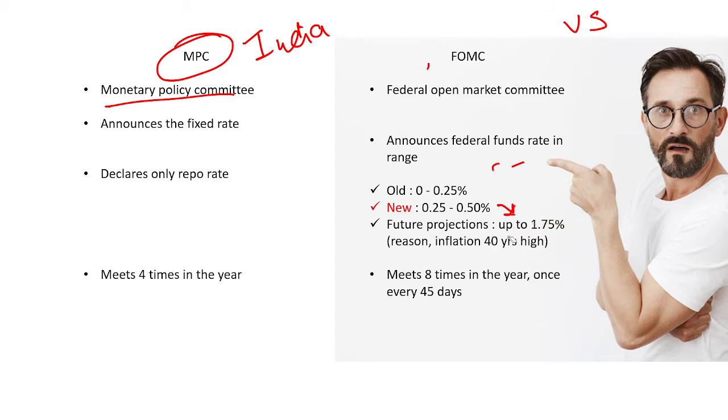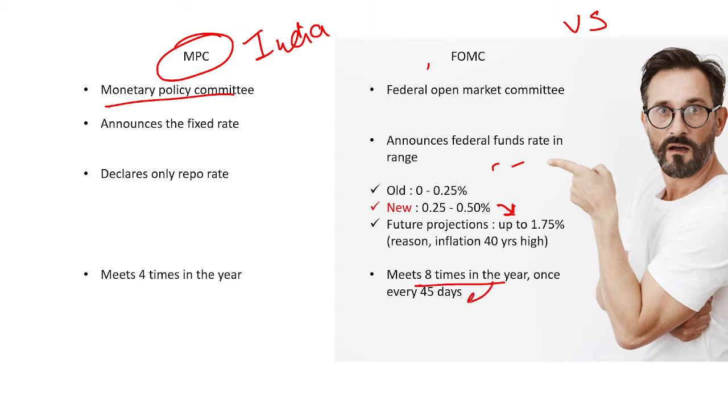That's why inflation is at a 40-year high, right? So in the coming days it is expected that the interest rate of the US Reserve will go up to 1.75 percent, right?